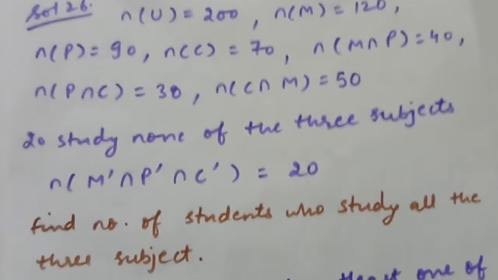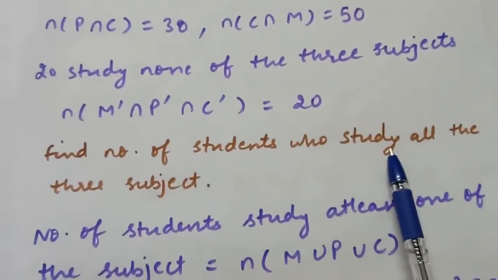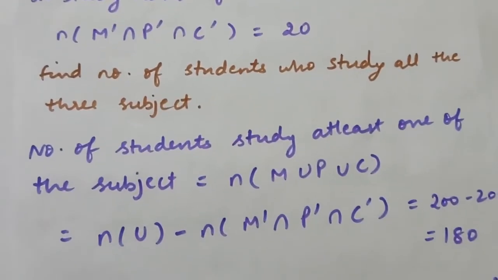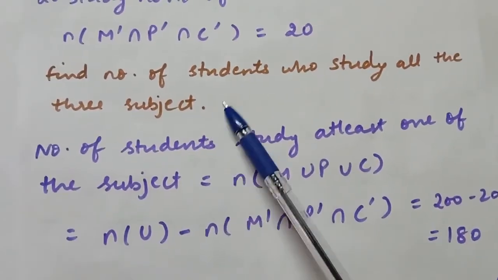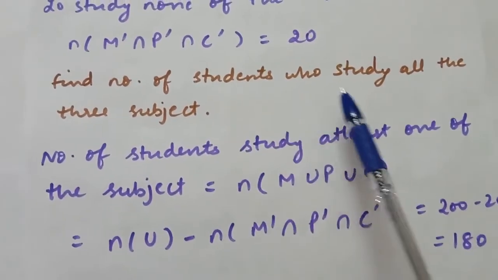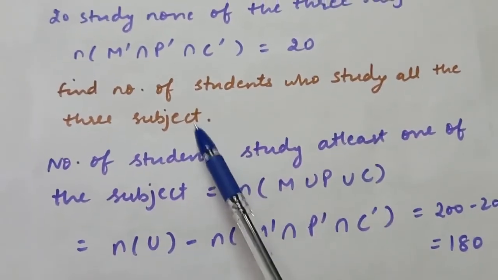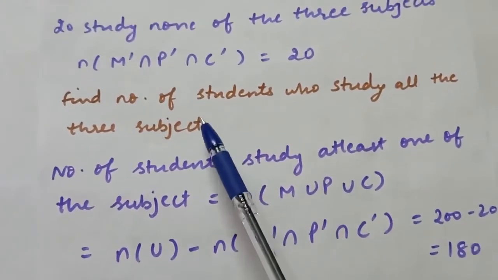Now we have to find number of students who study all the 3 subjects. That is, we have to find number of elements in M intersection P intersection C. Right? This is only the number of students who study 3 subjects.